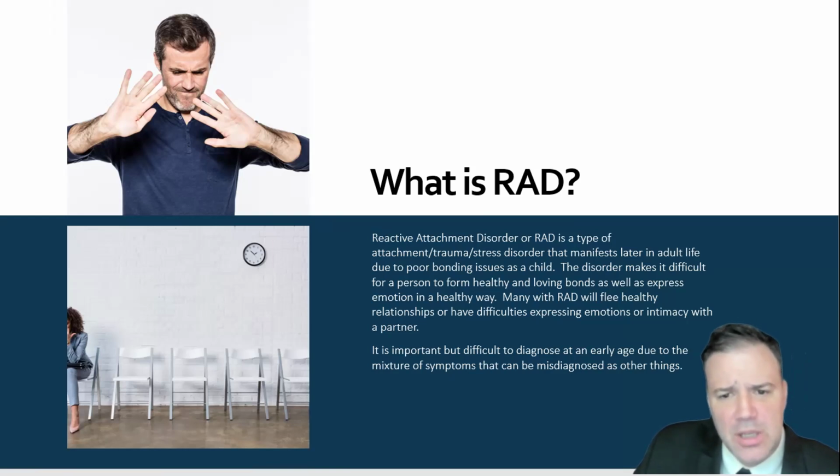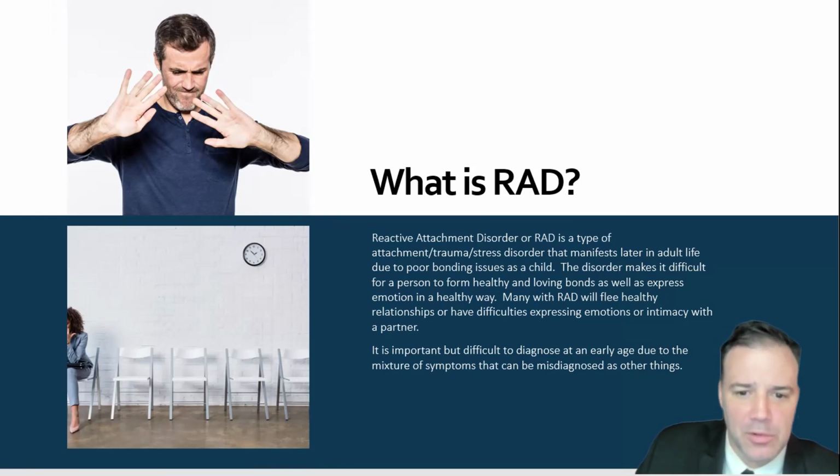This particular attachment disorder makes it difficult for the individual to form healthy and loving bonds, and as well to express emotion in a healthy way. So it really isolates an individual and causes dysfunctional relationships because the person is reactive. They're pushing love and intimacy away itself.